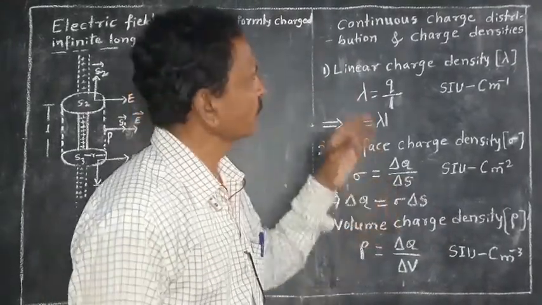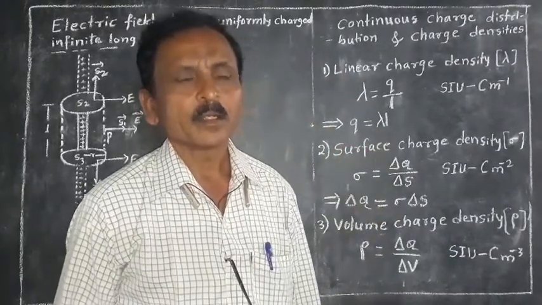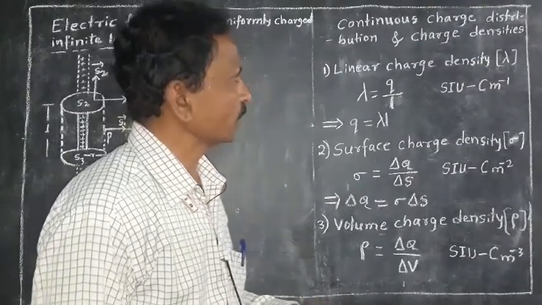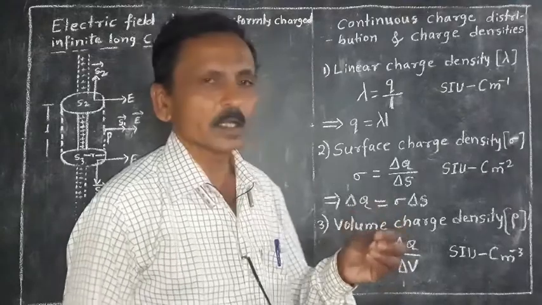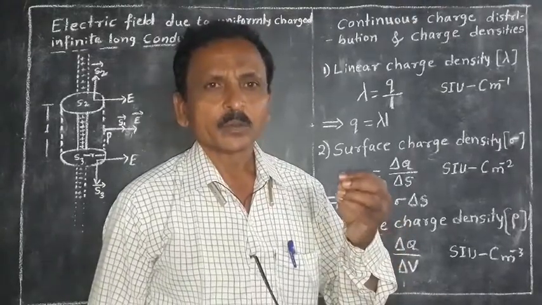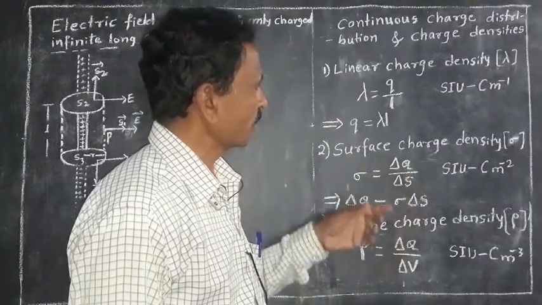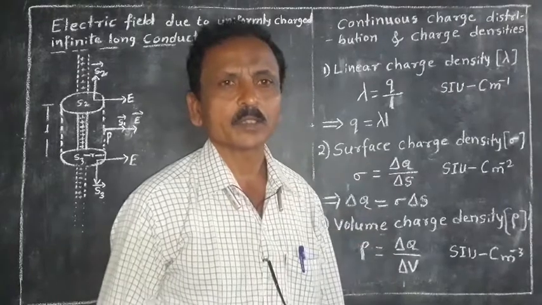This is called continuous charge distribution. Depending on the nature of charge distribution, the charge densities are classified into three types. They are linear charge density, surface charge density, and volume charge density.